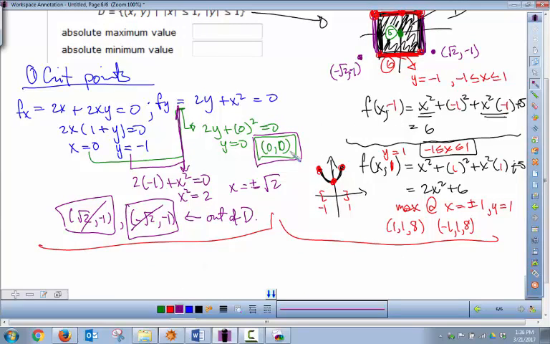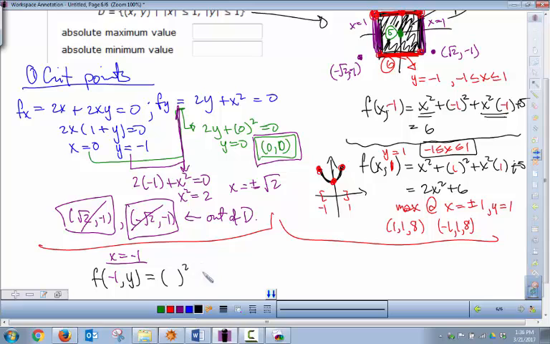And then the other 2 boundaries are here when x is equal to negative 1 and when x is equal to positive 1. So let's try x is equal to positive 1 or negative 1 first. So we got our function f, x is negative 1, so let's replace all the x's with negative 1.